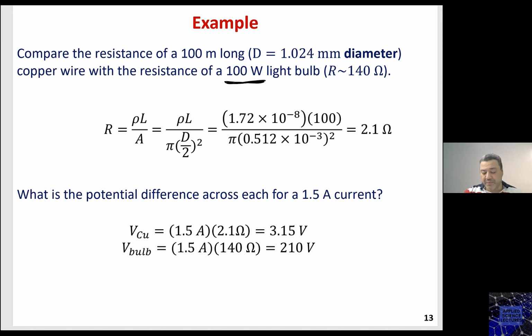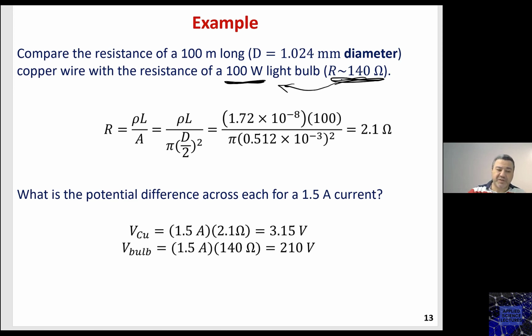Now this bulb, we know that the resistance of this bulb is 140 ohm. We need to compare the resistance of this 100 meter, 1.024 millimeter diameter copper wire with the 140 ohm resistance of this 100-watt light bulb.